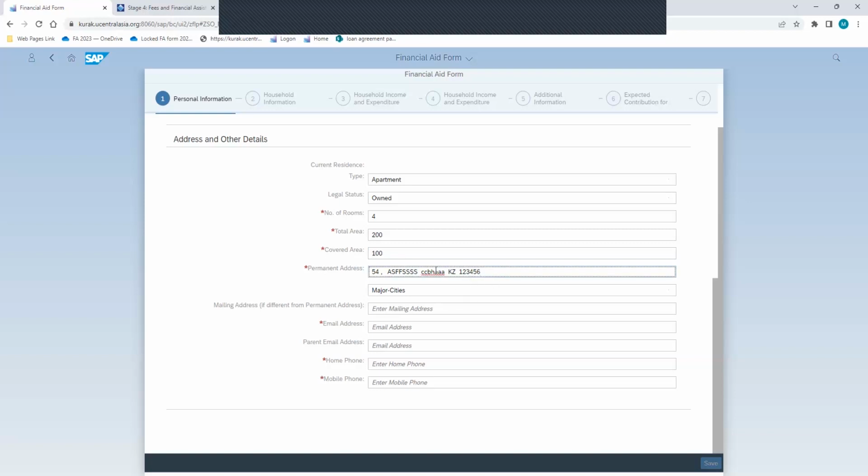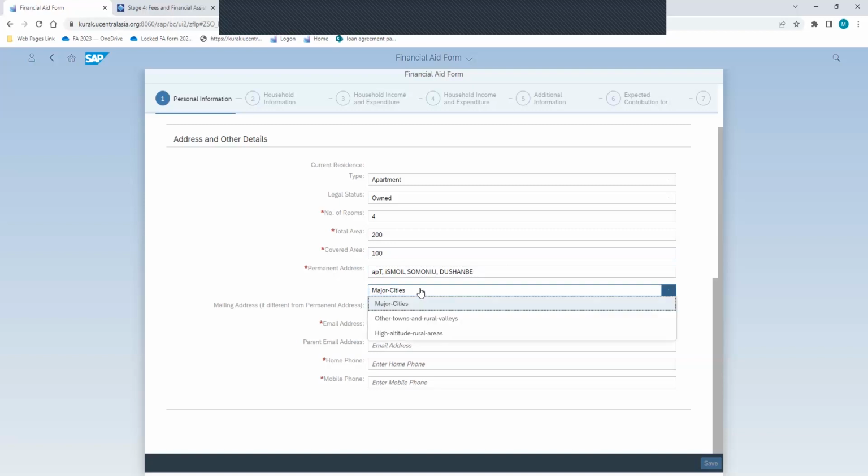And here is the permanent address, which came automatically. So let's say I'm living in apartment 1, Ismail Somoni Street, Dushanbe.